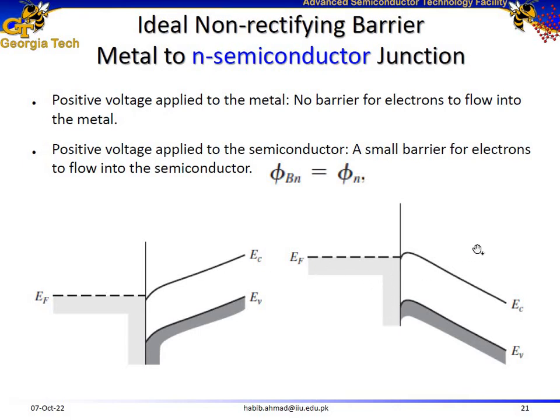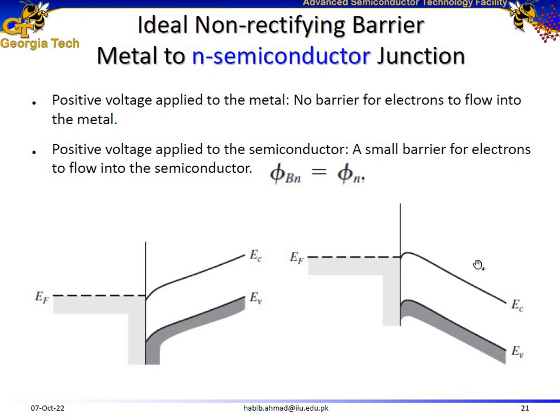Now here, if you apply positive voltage to the semiconductor side and negative to the metal, we are going to drag down the semiconductor energy levels, and that is going to be a slight reverse bias condition.